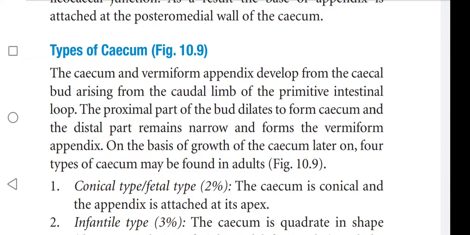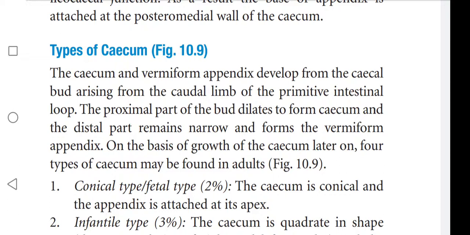The caudal limb means we may say the tail. Totally, the cecum and vermiform appendix develop from the cecal bud arising from the caudal limb of the primitive intestinal loop.